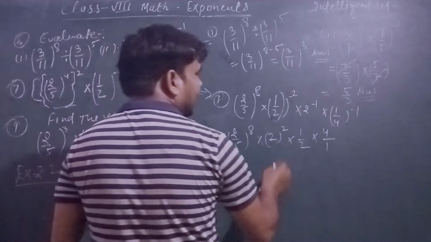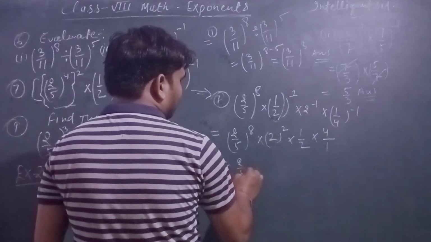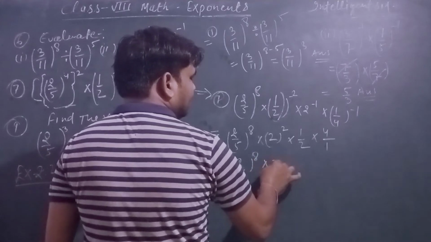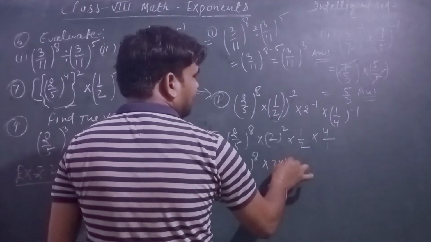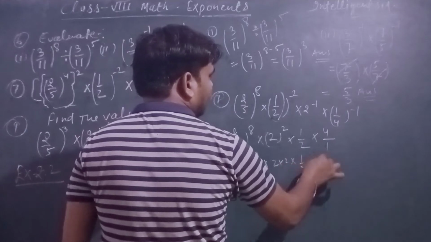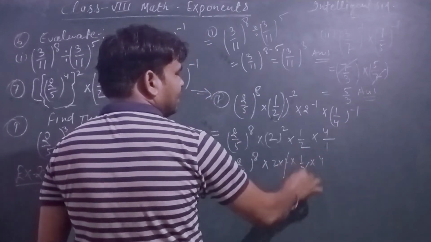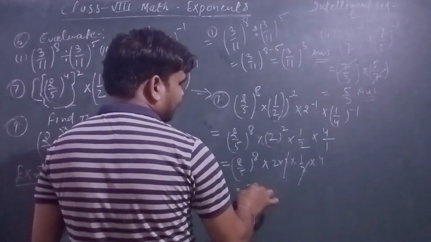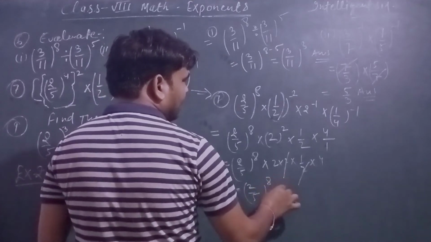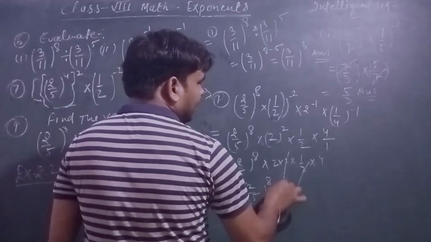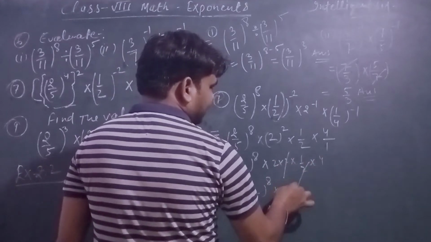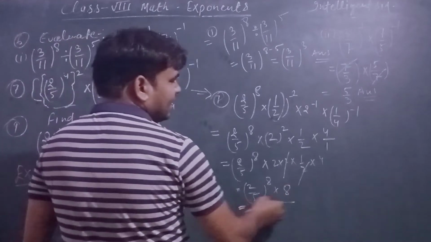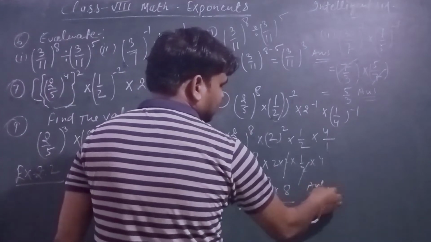So we get (2/5)^8 multiplied by 2 multiplied by 2 multiplied by 1/2 multiplied by 4. So here we get 2 and 2^5 over 5^8, multiplied by 8. So that is the answer you can write, students.